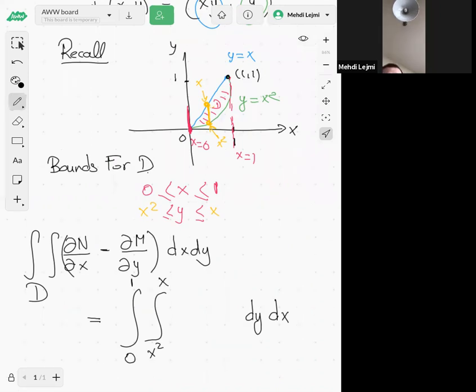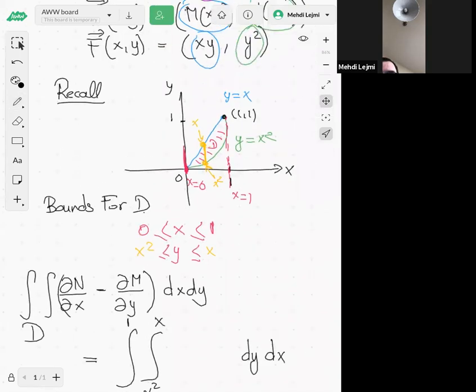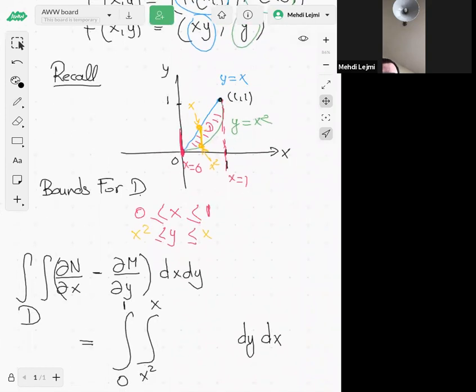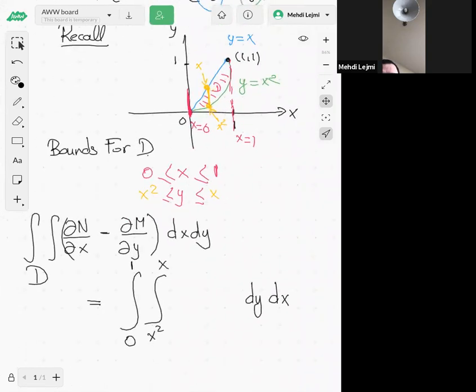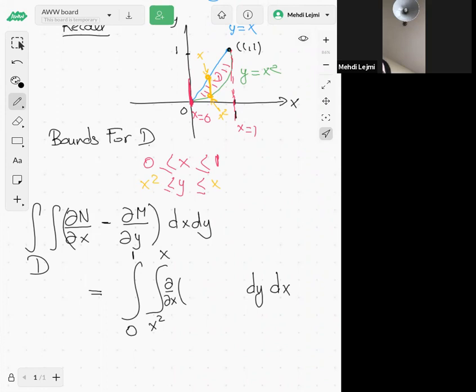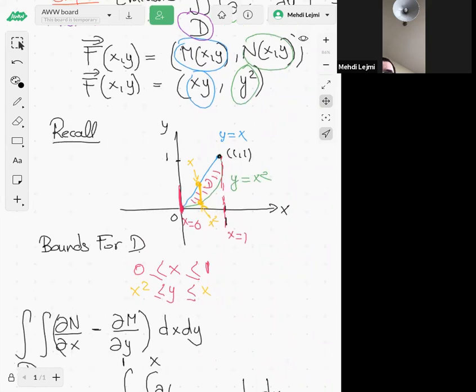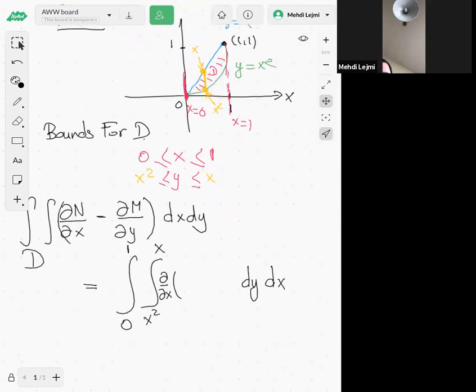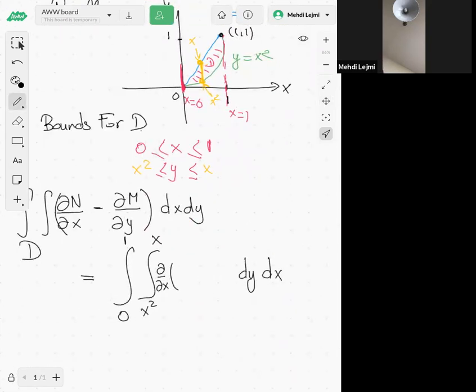Now, what's the derivative of n with respect to x? Well, n is y squared, and m is x times y. So it's the derivative with respect to x of y squared minus the derivative with respect to y of xy.